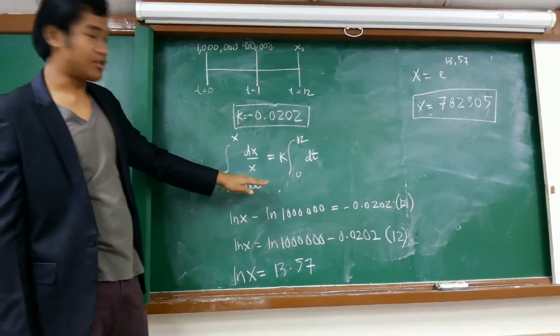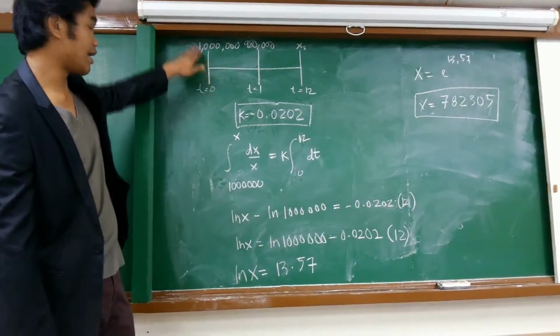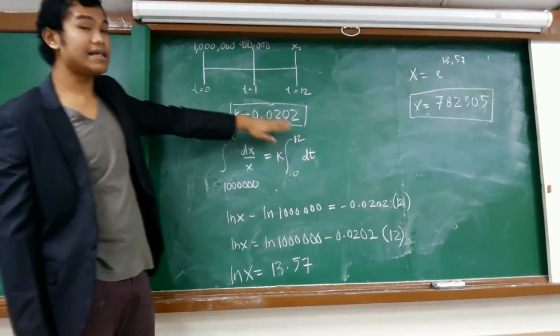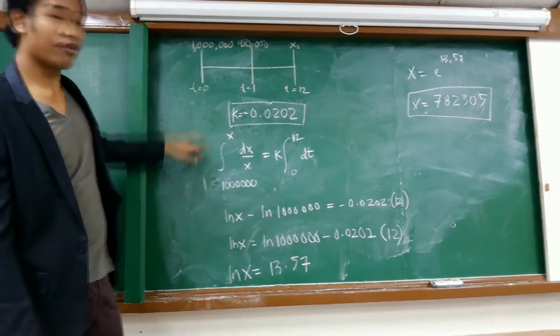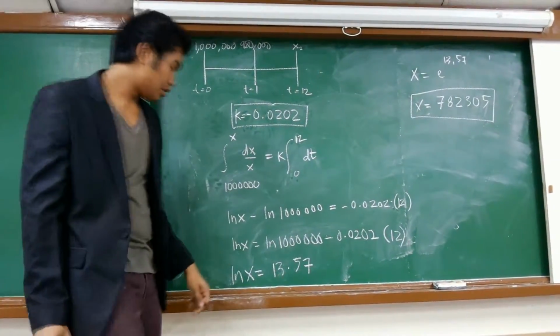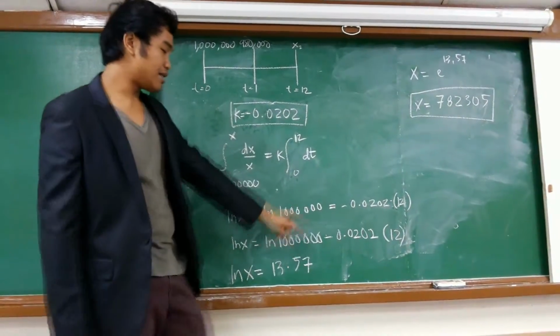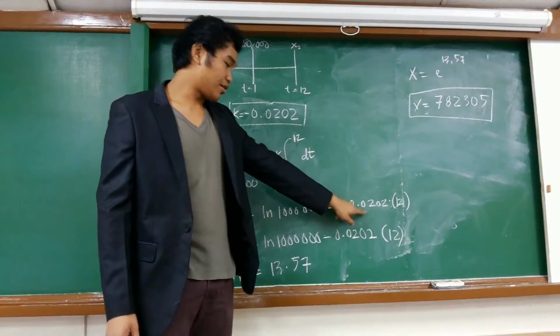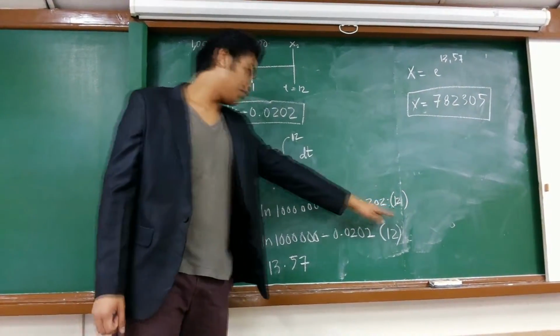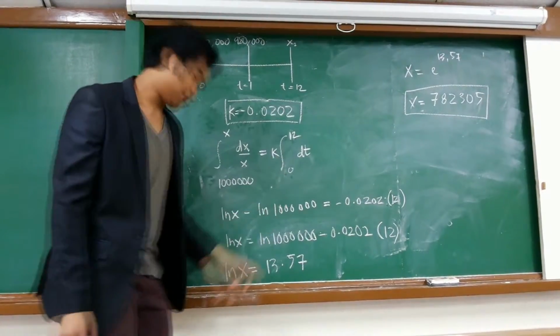Substituting these values into the equation, we have the limits: at t equals 0, the population is at 1,000,000. At t equals 12, we're looking for what the population will be. So now we have ln x minus ln of 1,000,000 is equal to negative 0.0202 times 12. Negative 0.0202 is k, by the way.